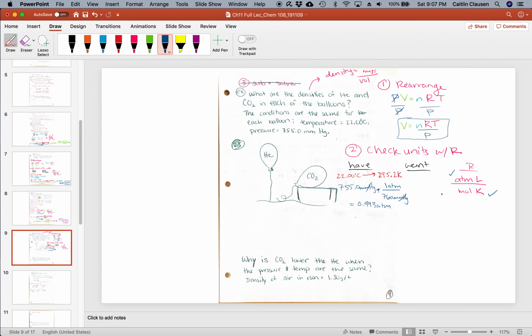Now moles. Notice there's no grams. We don't know how many grams of the gas there is. So again, if we don't know the grams or the moles aren't given, just assume 1 mole. We've got 1 mole of each. So all these things are going to be the same for both.